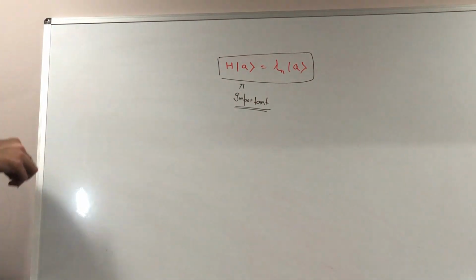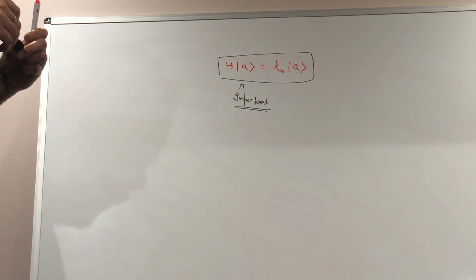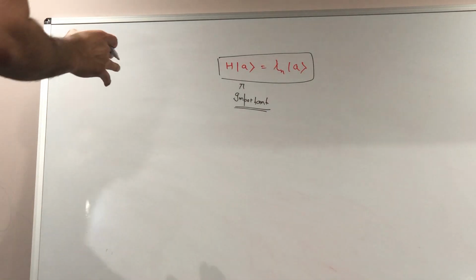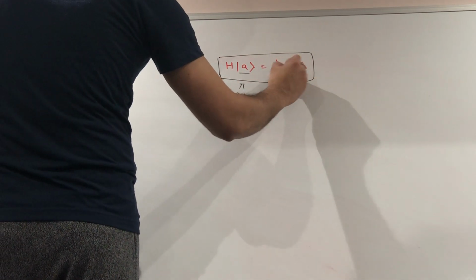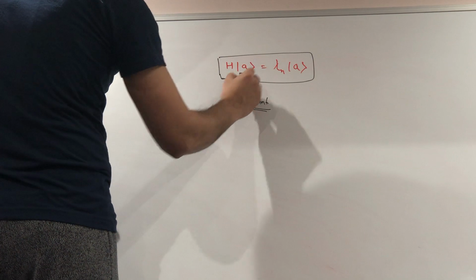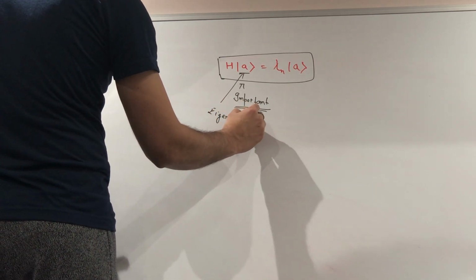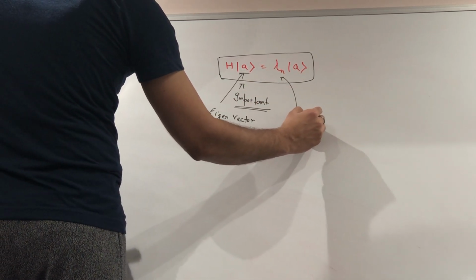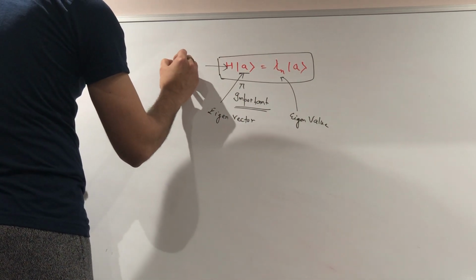This equation is useful when we use the Dirac ket and bra notations. When a Hermitian matrix is applied on a vector and we get this, then this vector is known as the eigenvector, and this is known as the eigenvalue, and obviously H is known as a Hermitian matrix.